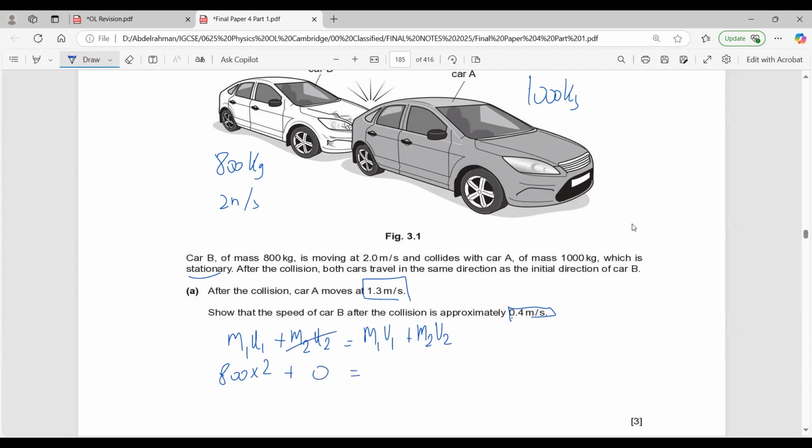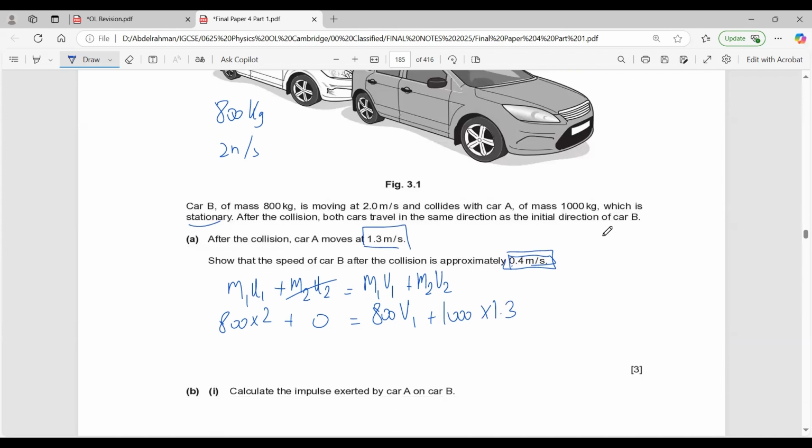Equals M1 V1. We need to find V1, the velocity of car B, so we'll assume that we do not know it. It's around 0.4. So mass 1, 800 V1, plus M2, which is car A, 1000, times the velocity of car A, which is 1.3. Let's calculate it.